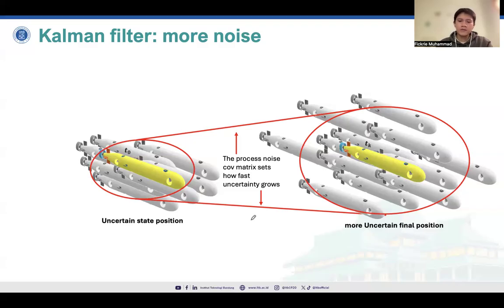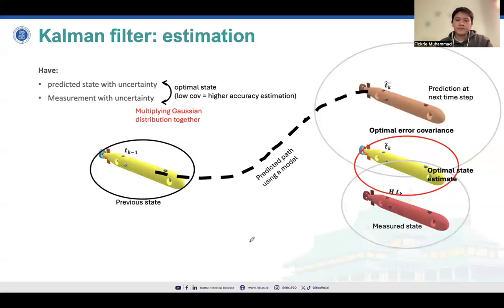But to have more accuracy, of course, we want to always integrate our measurement data so that we can control our process noise, right? So we don't rely only on the model, but we always rely on both the model and the measurement updates.